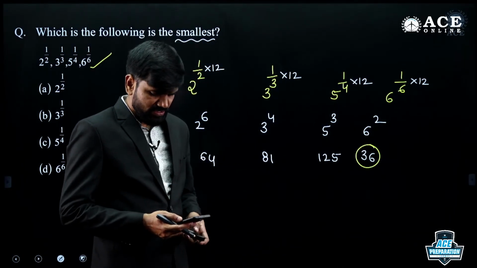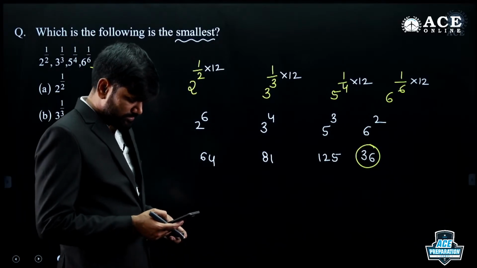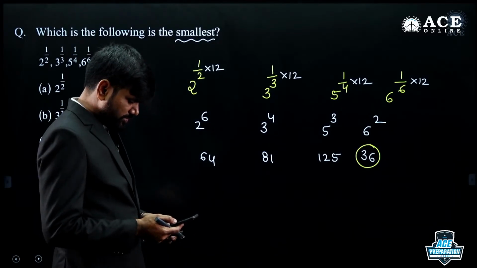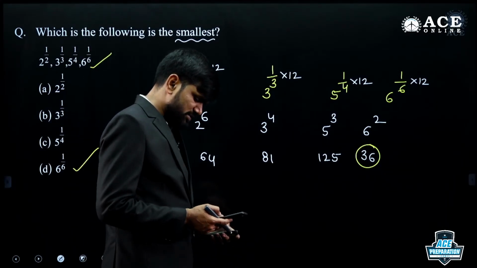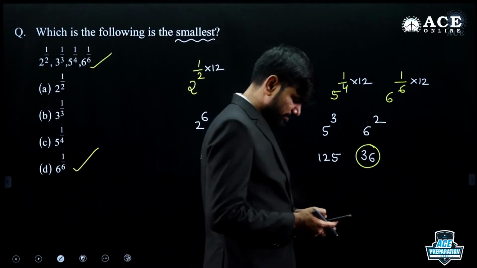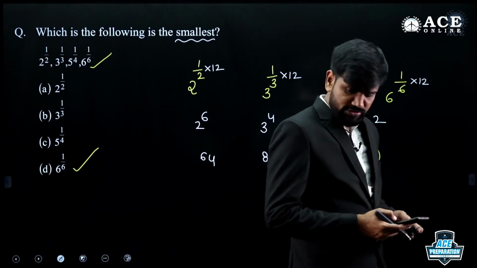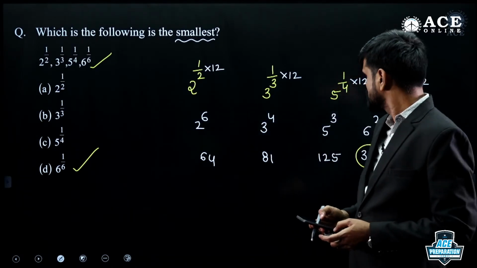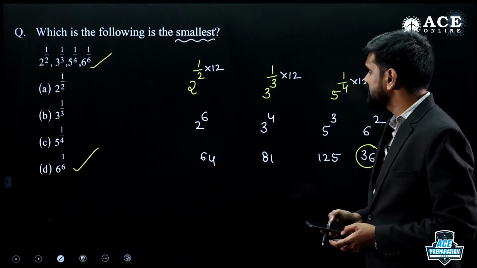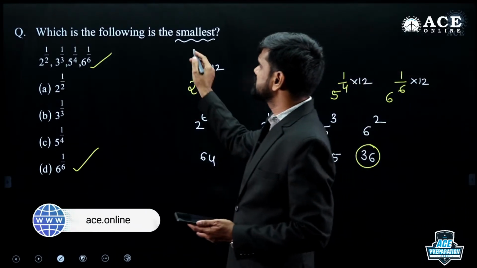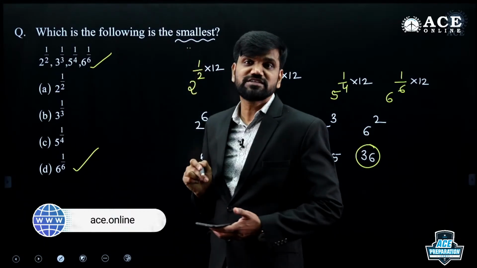Tell me if there is any doubt. B, C. People are saying C. It is not C. Vijay Lakshmi, it is D. And Bhagalakshmi, you also gave C. They are asking you for the smallest dear, not the highest. Please observe. They are asking you for the smallest, not the highest.